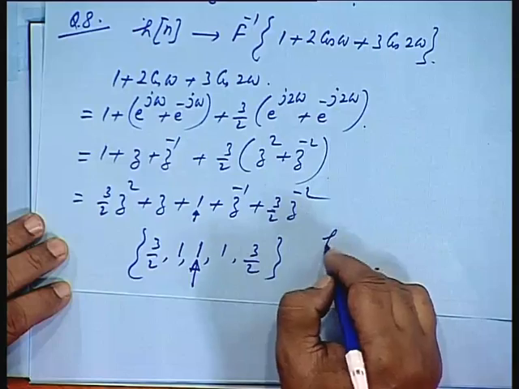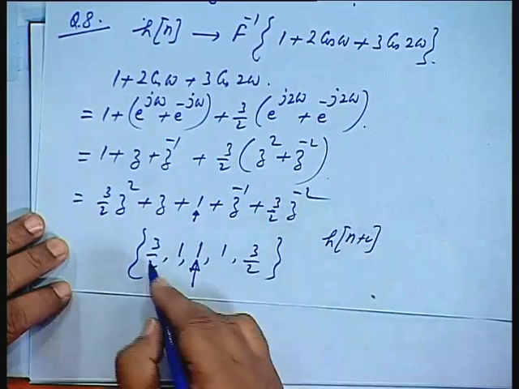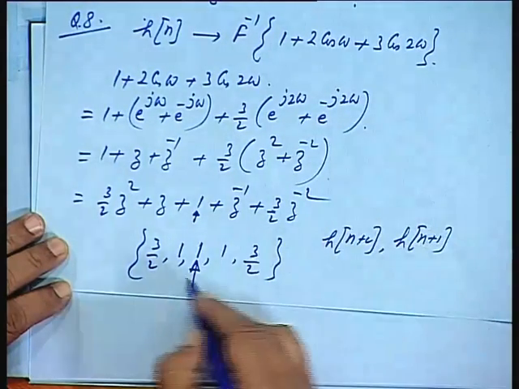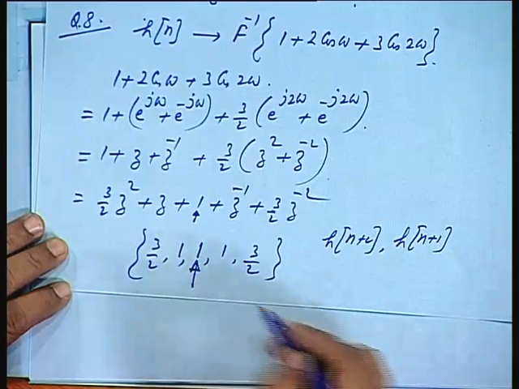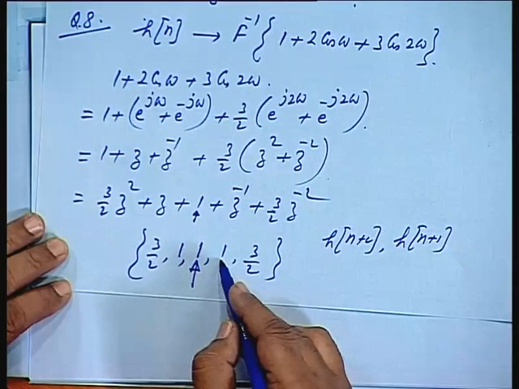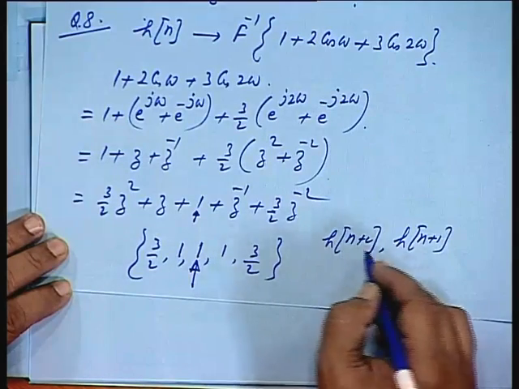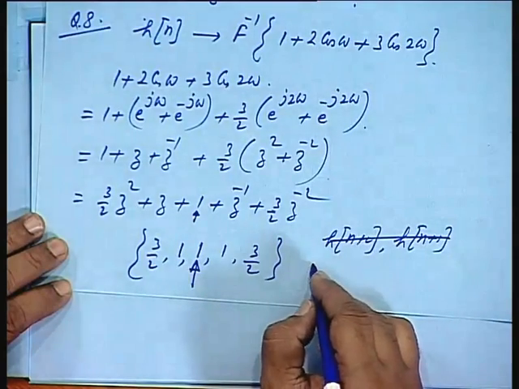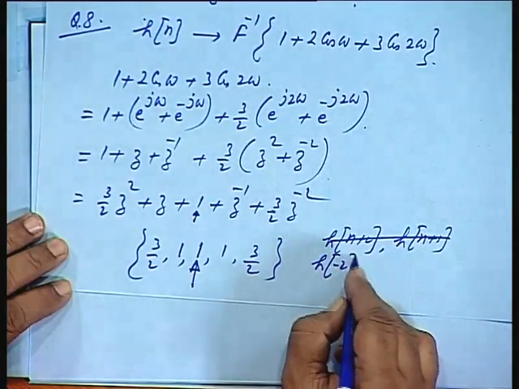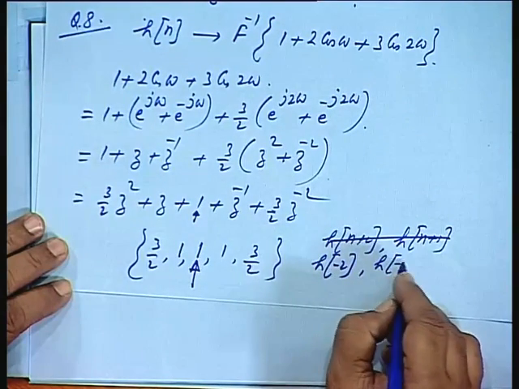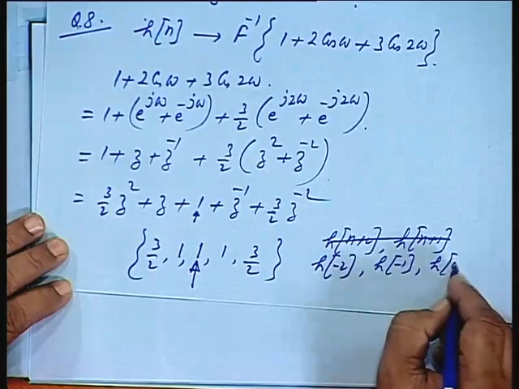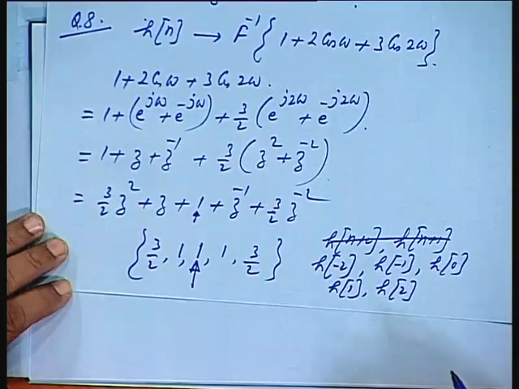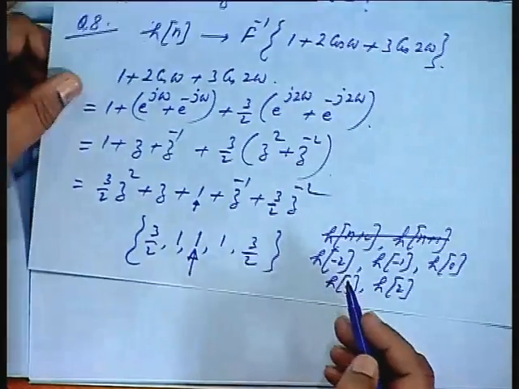So, it will start with h minus 2, then h minus 1, then h 0, h 1, h 2. Okay. So, these are the values.